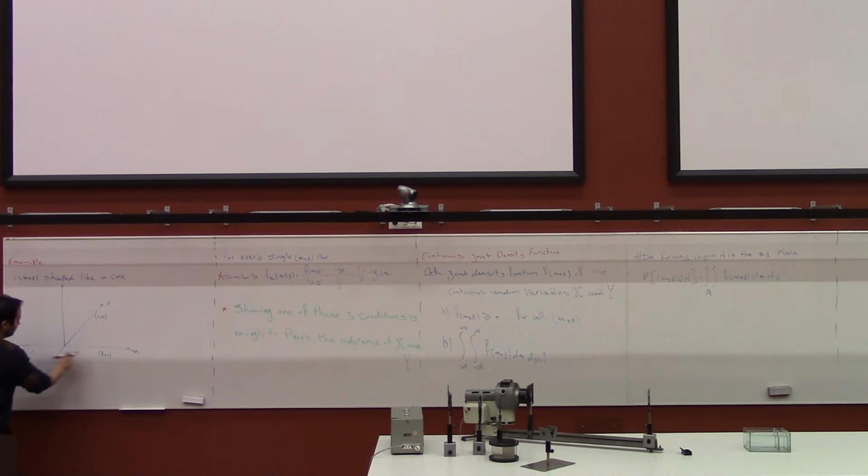On the x-axis we have this value, on the y-axis we have this value, and on the z-axis we have h, the value of h. Okay, let me draw it.